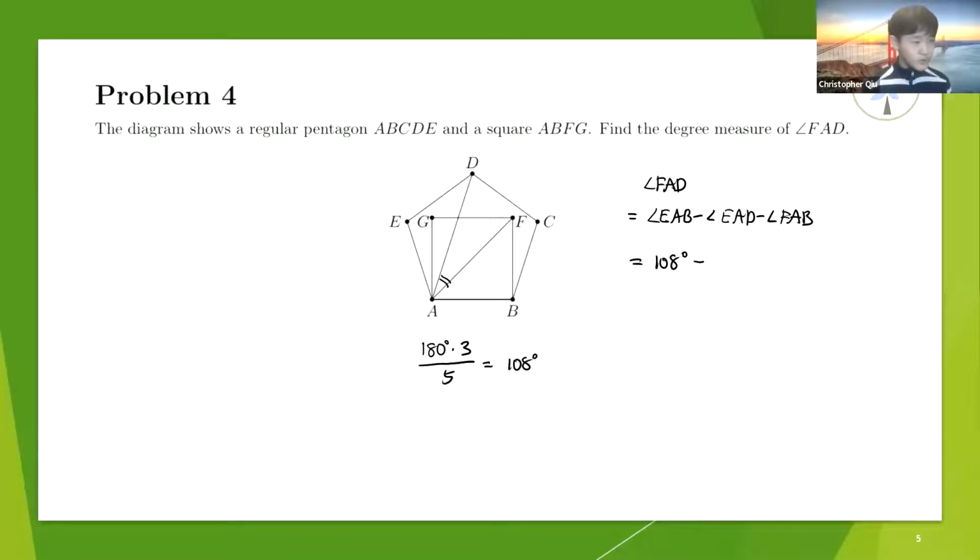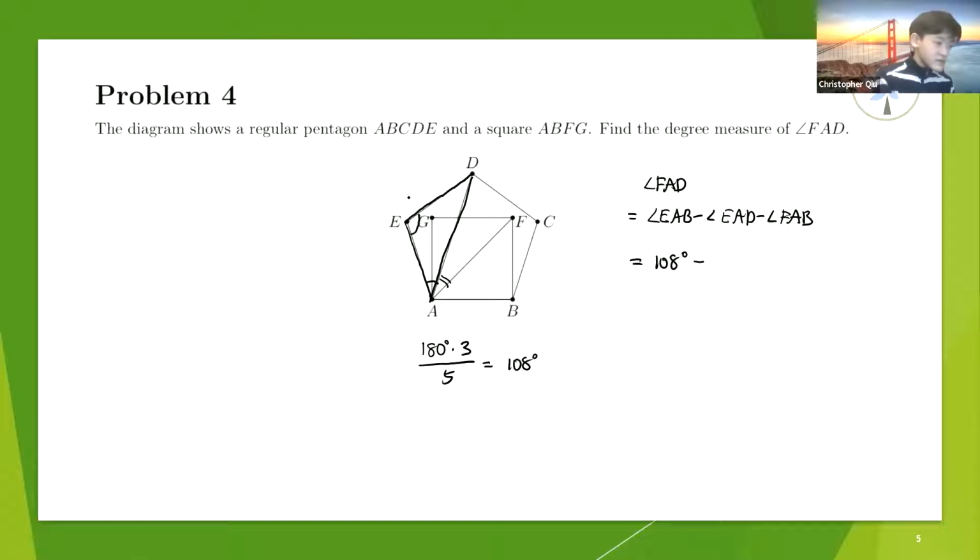So now we also want to find what the angle measures of EAD and FAB are. So as for EAD, we can notice that EAD is contained in this isosceles triangle. And in this isosceles triangle, we have angle DEA, which is an internal angle of the pentagon.